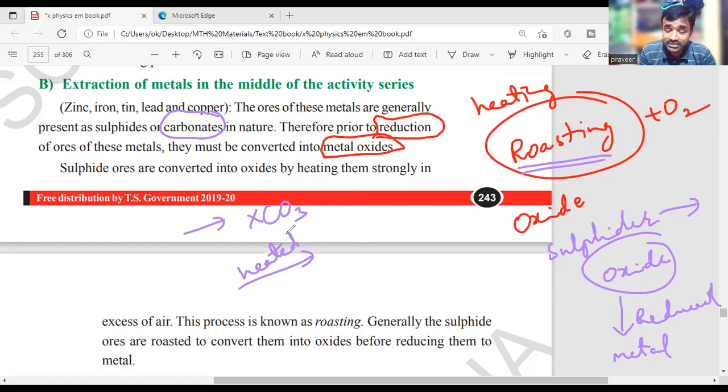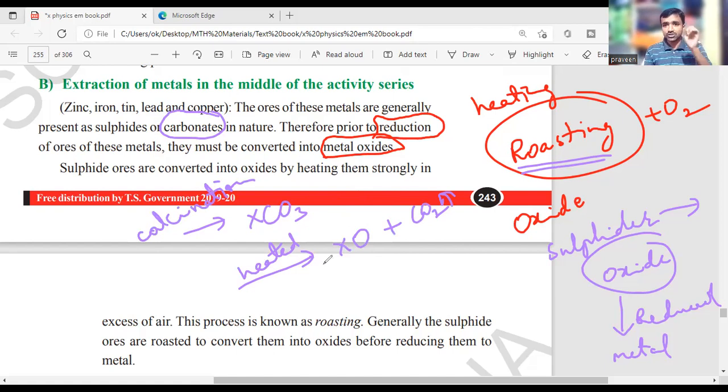The carbonates get heated to convert into metal oxide, and carbon dioxide gas is liberated. This process is called the calcination process. Calcination is applicable for carbonate ores, and roasting for sulfide ores. Both are pyrochemical processes.